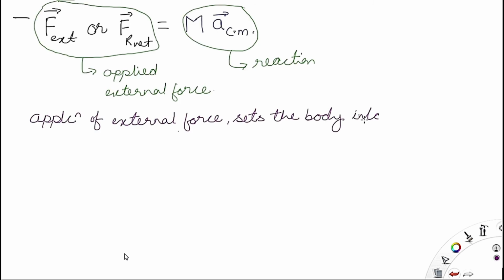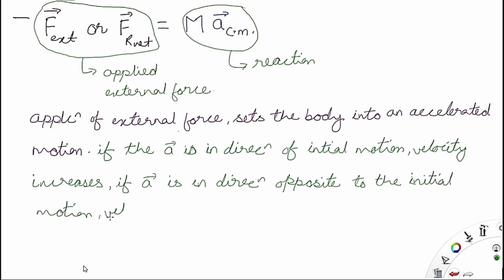Similarly, we can see the second law of motion: the net external resultant force is equal to the mass of the body times the acceleration of the center of mass. This is the applied or external force, and this is the reaction that the body gives.